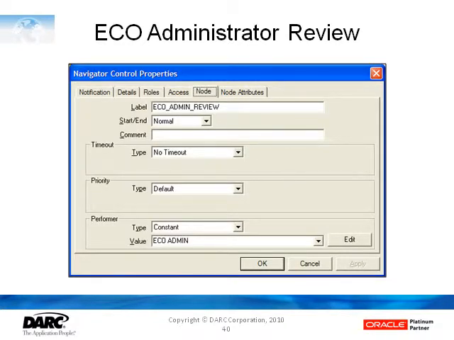Now in this case, when we look at the performer, we're using a type of constant because we don't have to select who this is going to. We know it's going to the ECO administrator, so we're going to point directly to the ECO admin approval list.